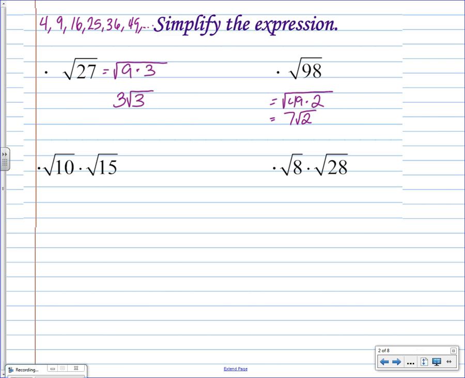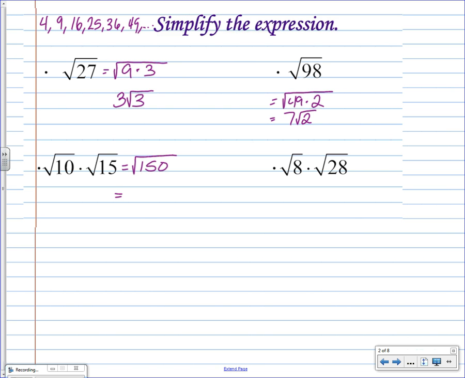Just like what we were doing on the last two, with the square roots and taking the multiplication, I can take my square roots and put them together. Since they're both underneath the square root, I can multiply the numbers together. So 10 times 15 is going to equal the square root of 150. So now I want to find which of my perfect squares go into 150.